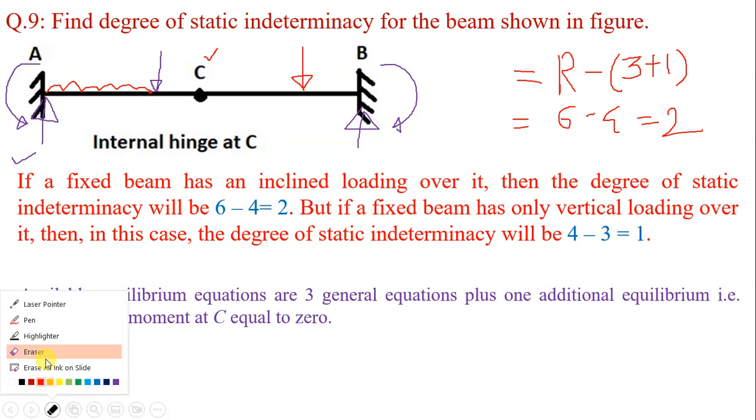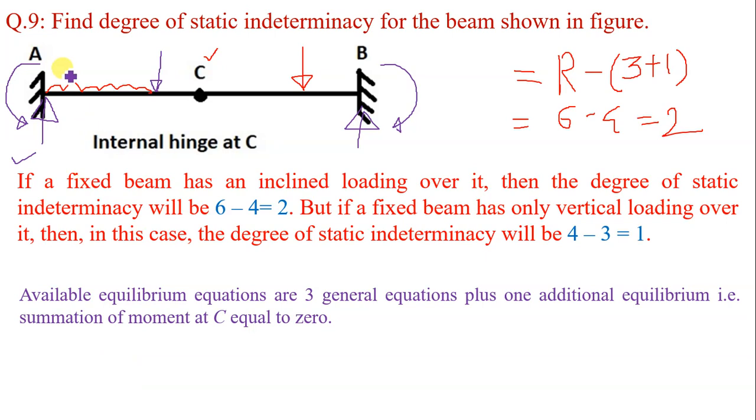Total number of unknown reactions now: there are 2 reactions at A and 2 reactions at B because of the vertical load. So total reactions are now 4.